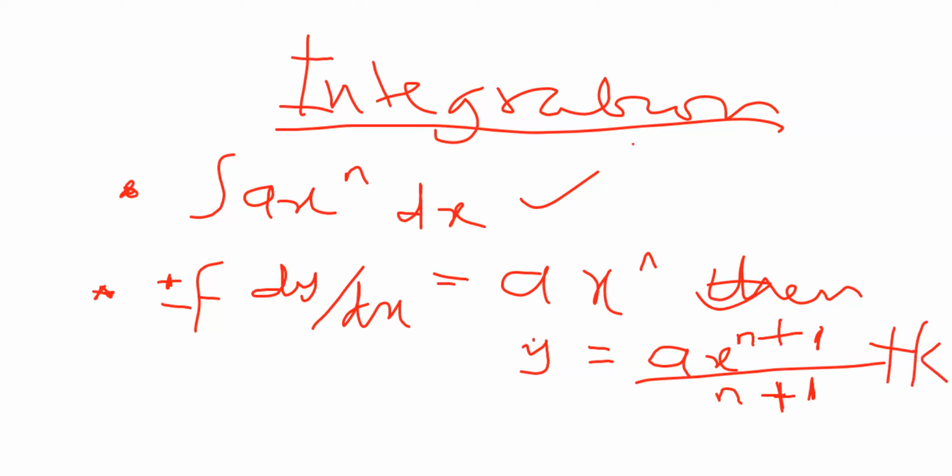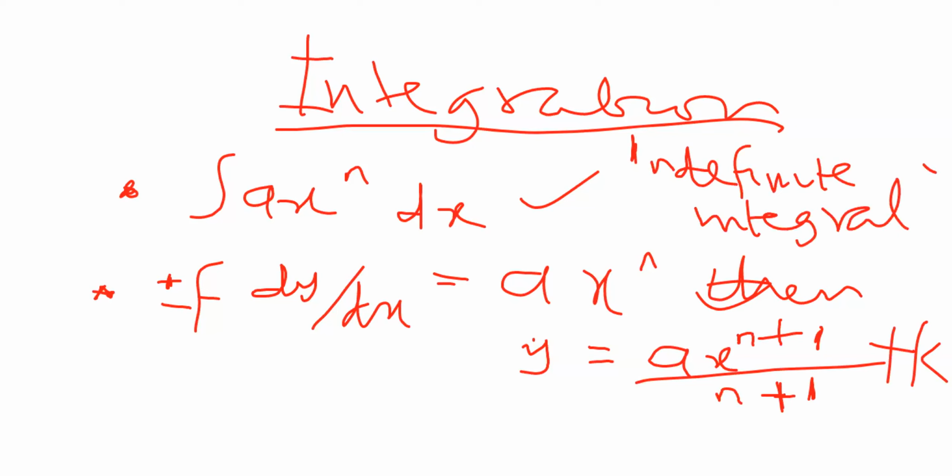Remember what we are doing now is indefinite integral. This is what we are looking at now. There are two types of integration. We have the indefinite integral and the definite integral. What we are looking at now is the indefinite.